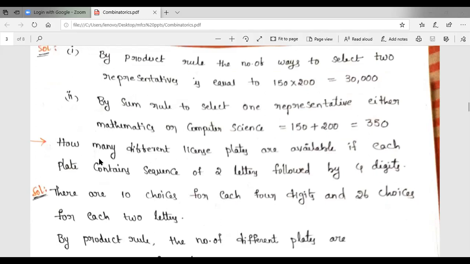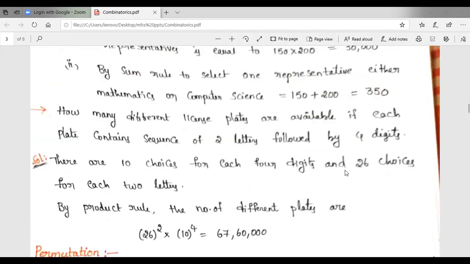By the product rule, the number of different plates is 26 into 26 into 10 into 10 into 10 into 10. In the first place, one of the 26 letters; in the second place, also one of the 26 letters; in the third place, one of the 10 digits; and in the fourth place, also one of the 10 digits.